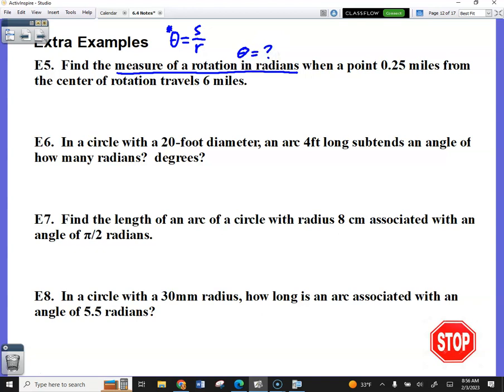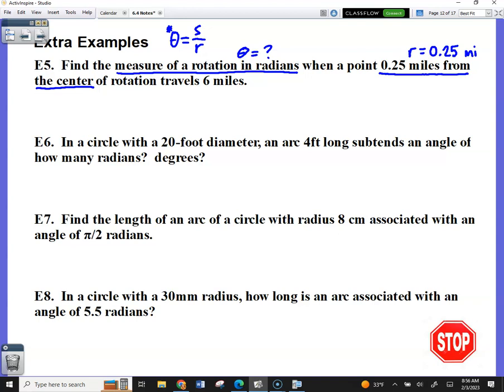When a point, 0.25 miles from the center, that's what? The radius. So R equals 0.25 miles. I'm going to put MI so I don't confuse it with meters. From the center of rotation travels 6 miles.